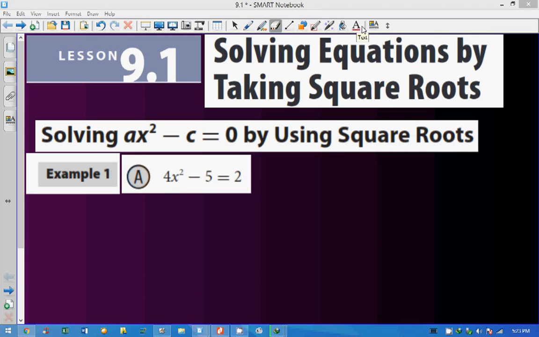Hi guys, today our lesson is 9.1, solving equations by taking square roots, and solving ax squared minus c equals 0 by using square roots.